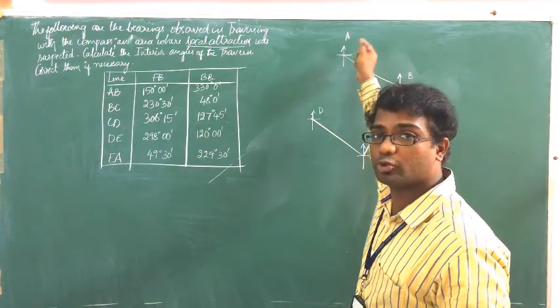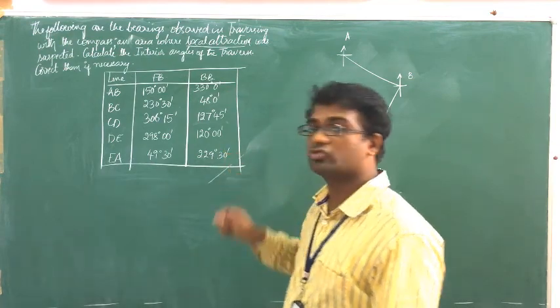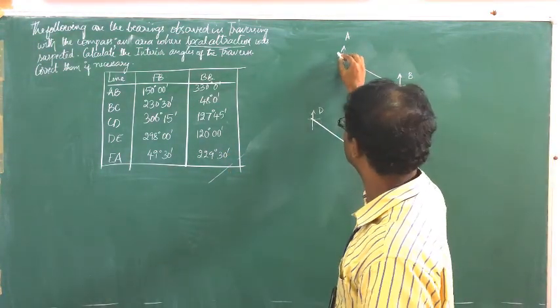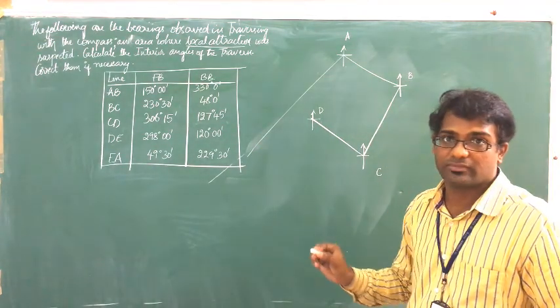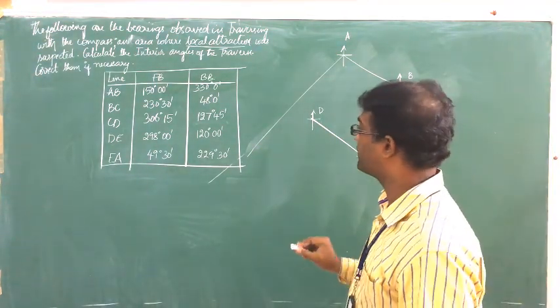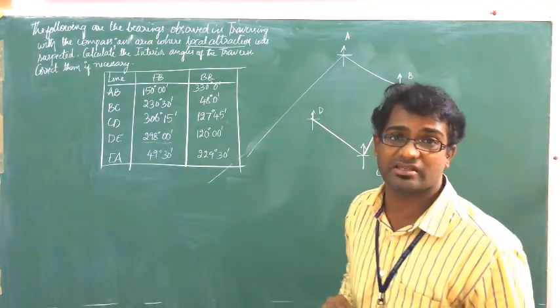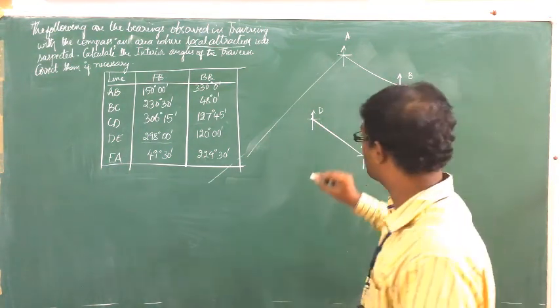Now, from A to E is 229 degrees 30 minutes. It is more than 180 and less than 270. So, this is the line. Now, from D to E, it is 298 degrees 0 minutes. So, it is more than 270.